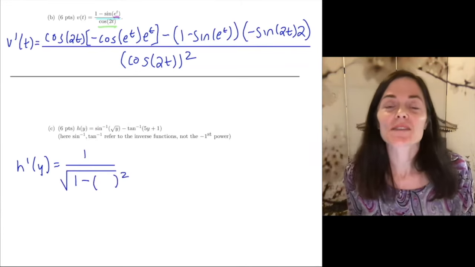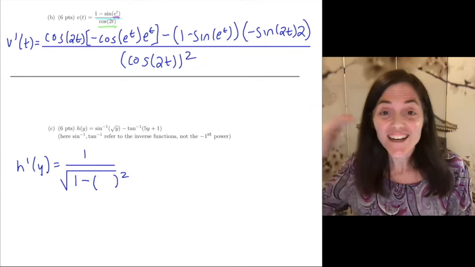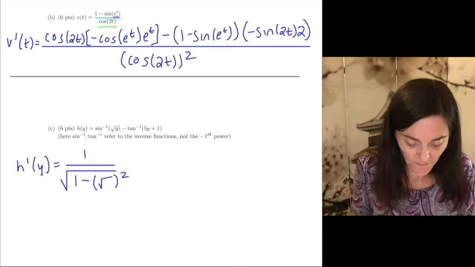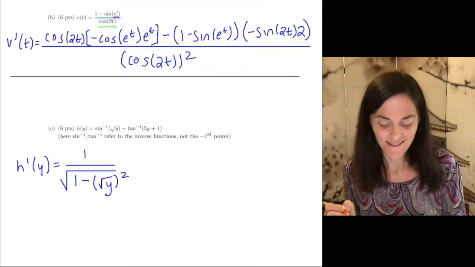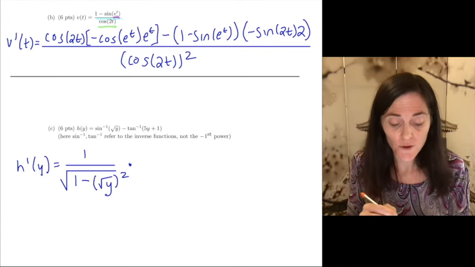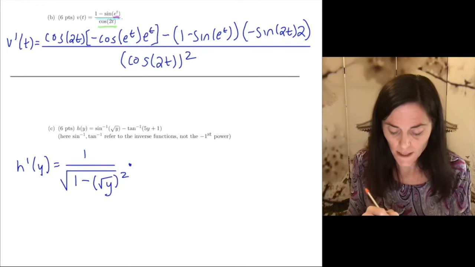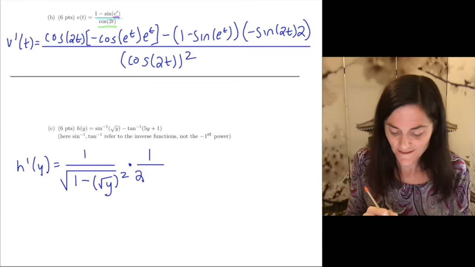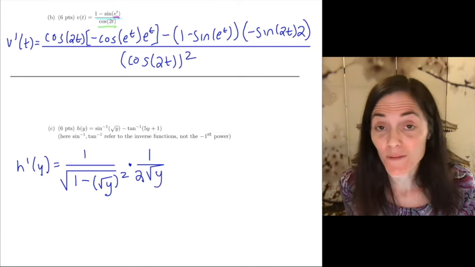This is the derivative of sine inverse. Then I put in the entire inside function, which is square root of y. Then multiply by the derivative of the inside function, which is here.